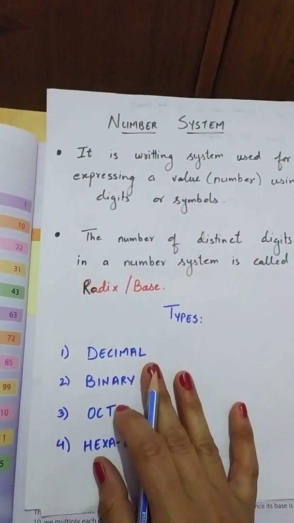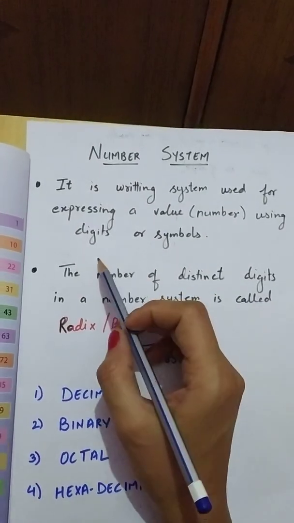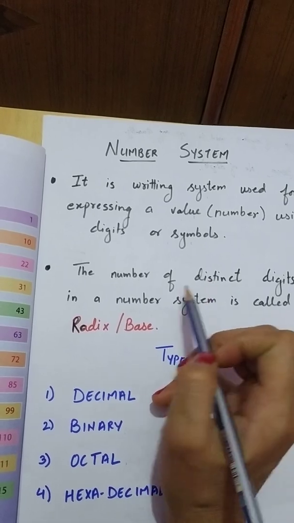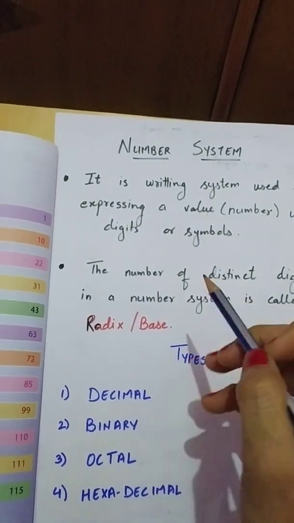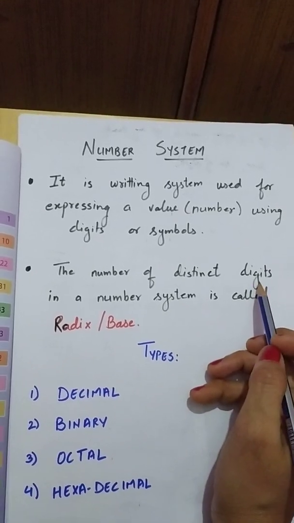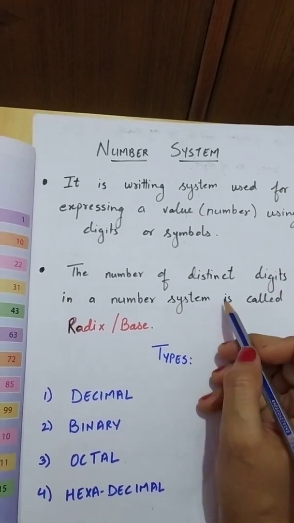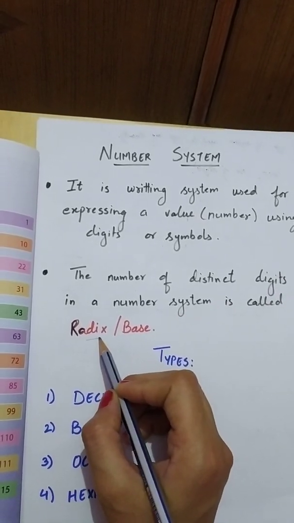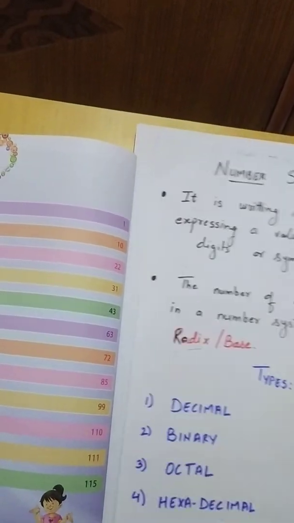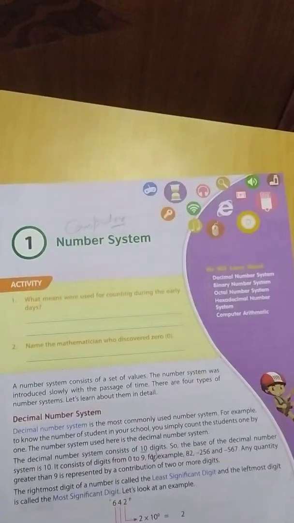But before starting that, let me tell you that the total number of distinct values or symbols or digits we have in a number system is known as its base or radix. Okay, so let's start with the introduction of this chapter.